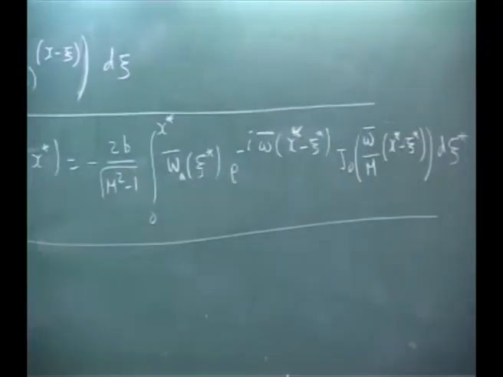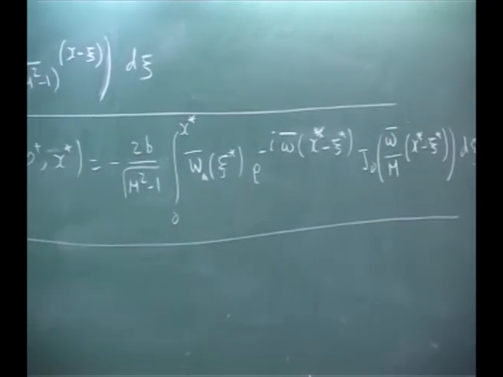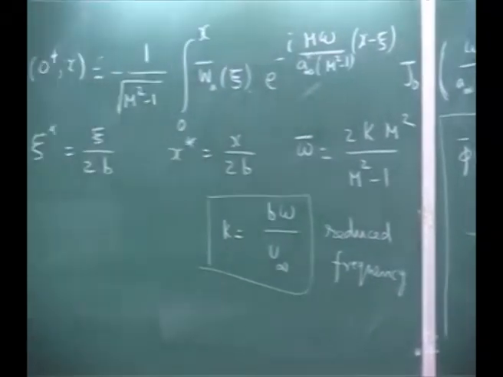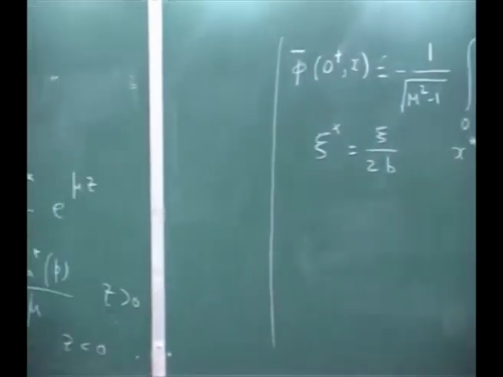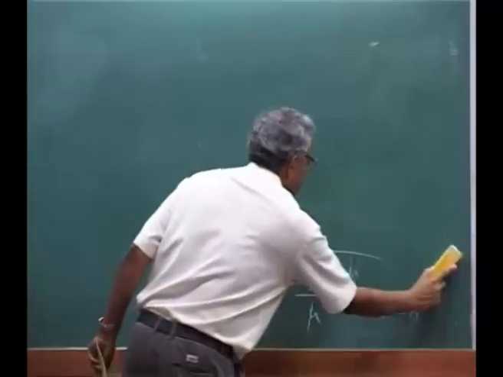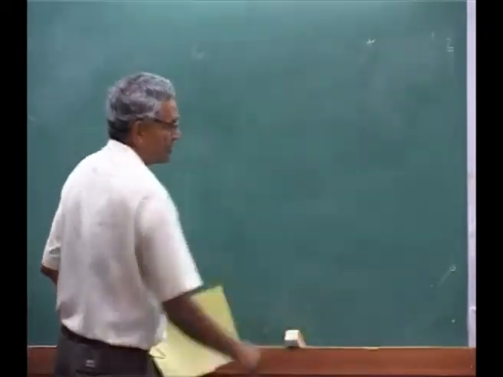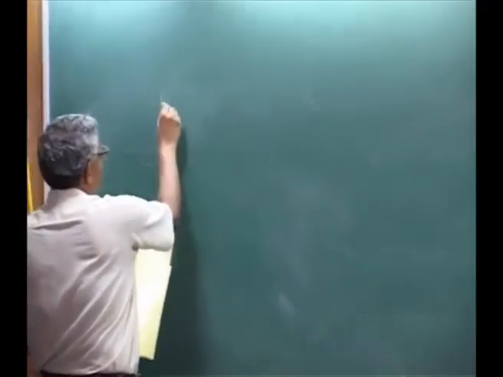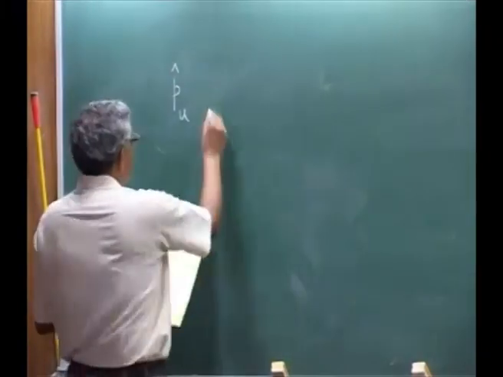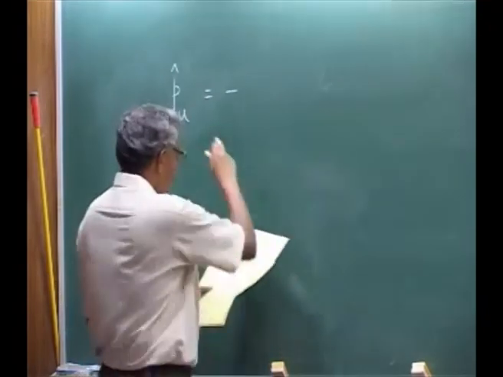Now you go back, you have to use the unsteady pressure expression, the pressure difference. So I'll write the final solution. The pressure on the upper surface, because this is P minus P infinity, that is what I am putting it as.